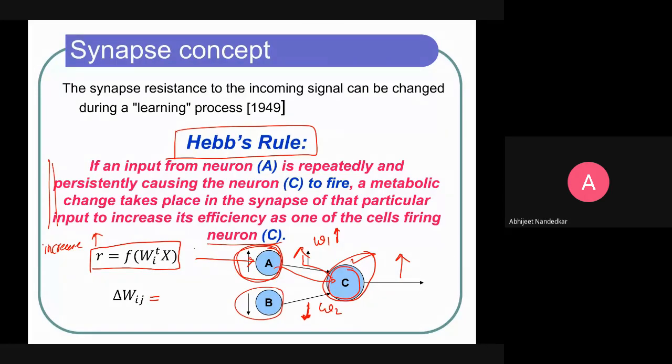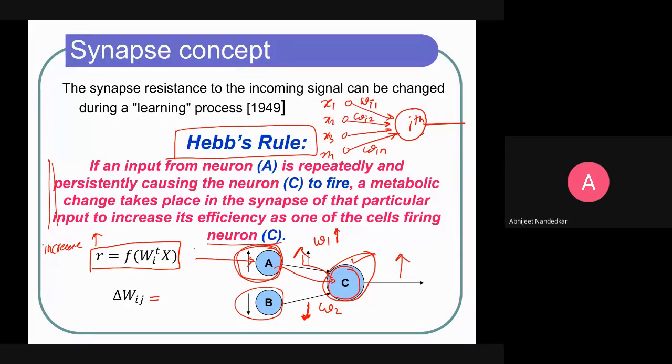Now remember, if these are the inputs x1, x2, suppose x3, x4, and this is the ith neuron, I will write the weights as Wi1, Wi2, and so on up to Win.